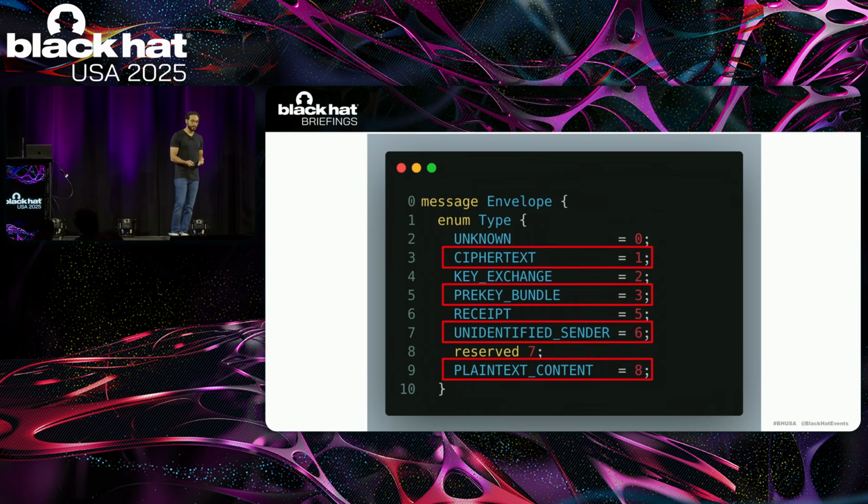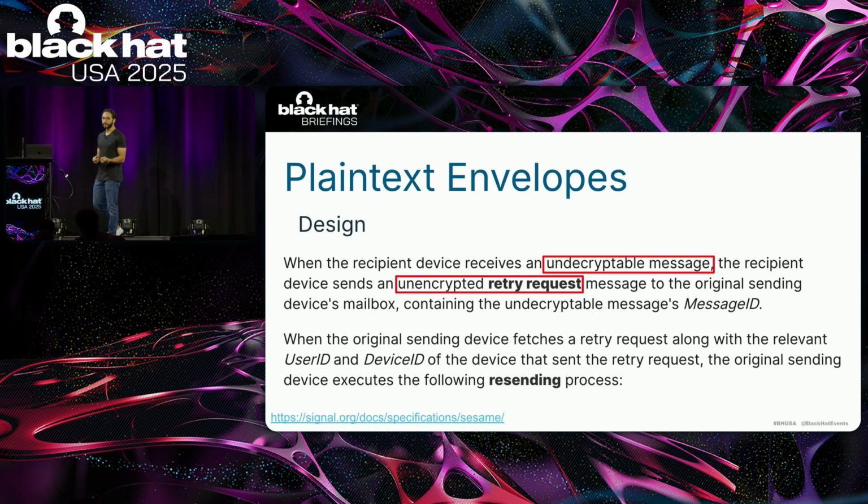But I noticed that there is a plain text content. So what does this mean? Why do we need a plain text content envelope? I went back to the design and the specs, and there's something called retry requests. These retry requests say that in case the receiver gets a message that they cannot decrypt, they need to reply with a plain text content saying, hey, I cannot decrypt this message.